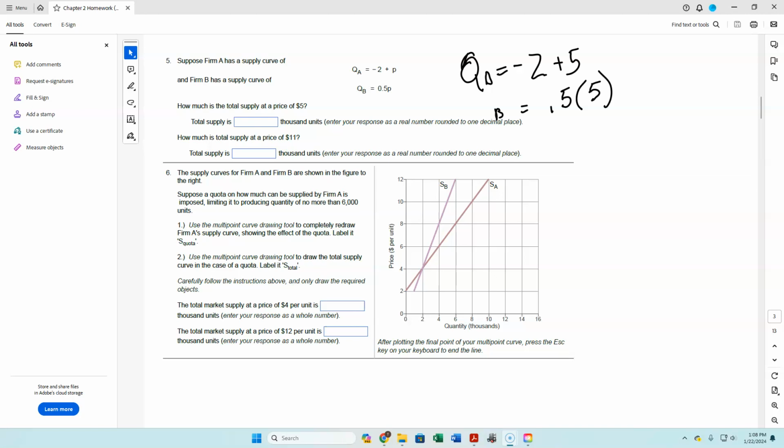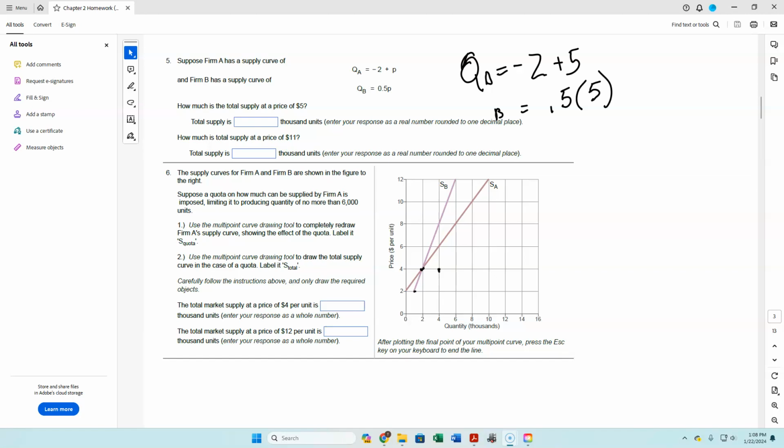For number 6, again, it's going to be a little bit harder here because I can't put my cursor over something and see where I'm at. But the idea here is the same. Now at the price of 4, I can see that both would have 2. So now I'm going to start at 4. Right? And at the price of 2, I'm at 0 and 1.